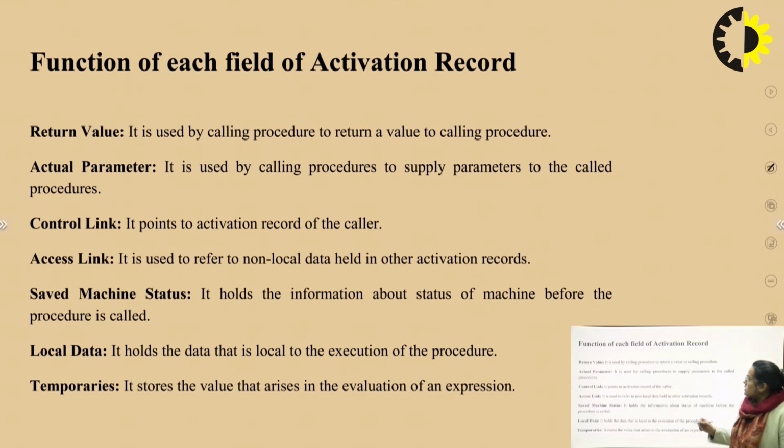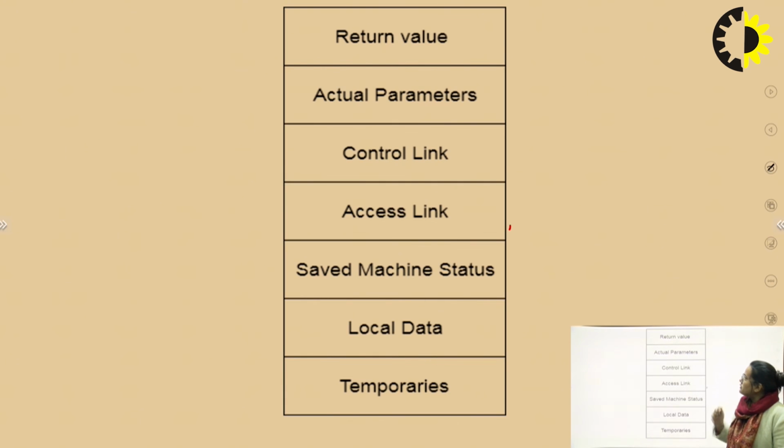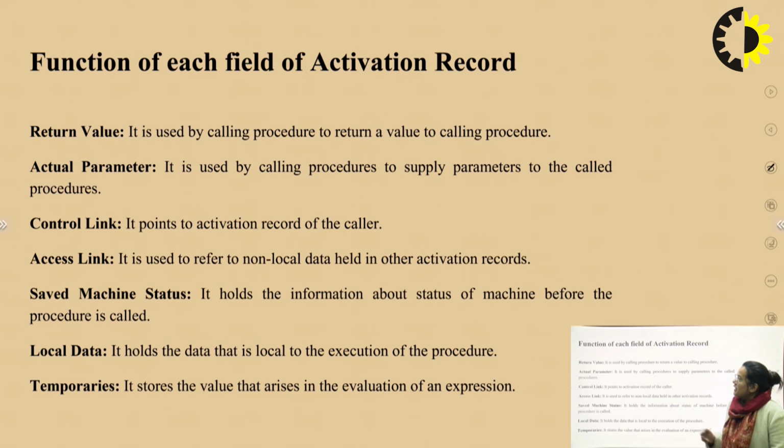Okay, now the functions of the fields used in an activation record. First is the return value, which is stored by the called procedure to return a value to the calling procedure. Actual parameters are used by the calling procedure to supply parameters to the called procedure.